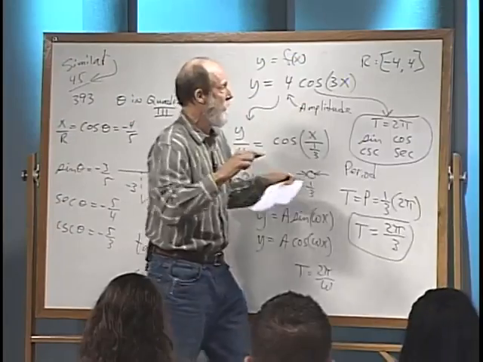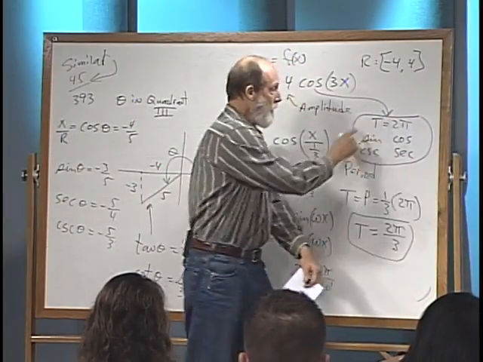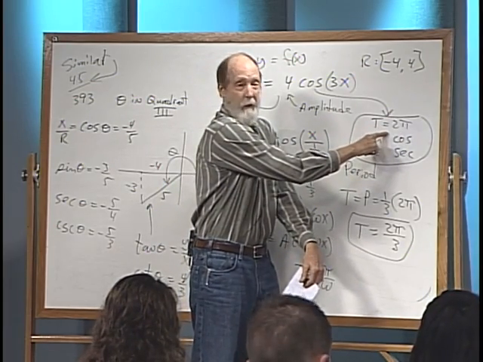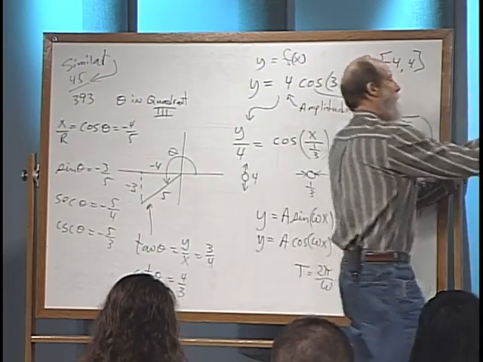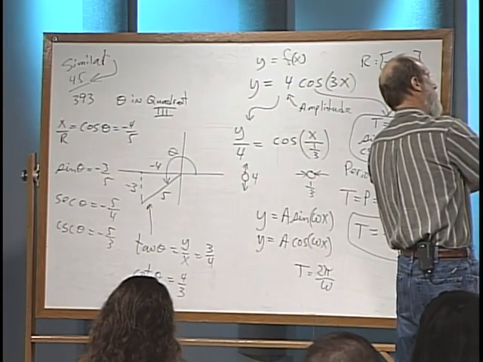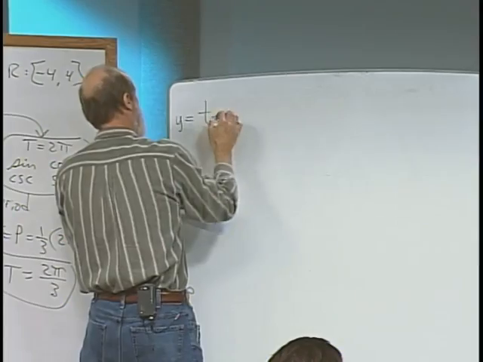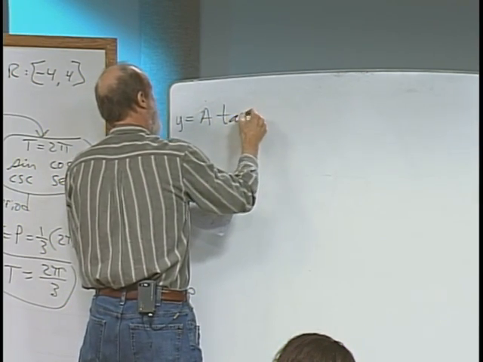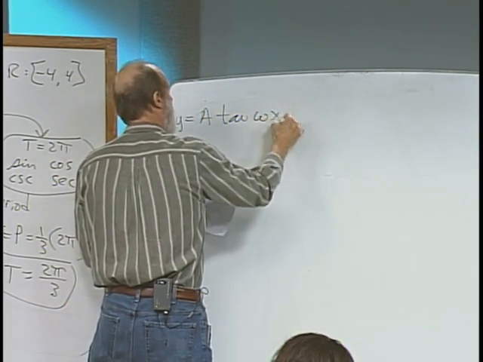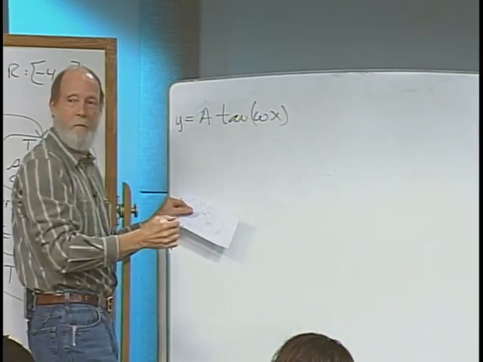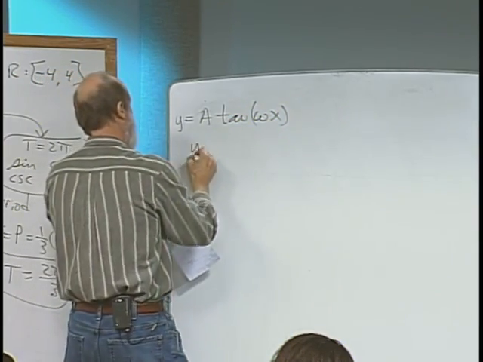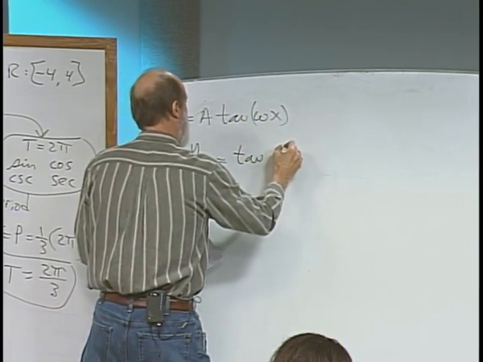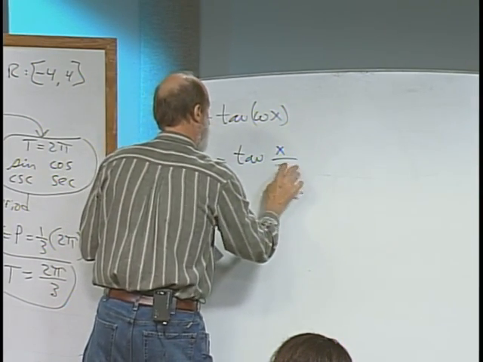Okay, so these 4 trig functions in their fundamental form, you're comfortable with that. The period's 2 pi. If you have a tangent graph, let's say I have a times the tangent of some omega x. Look at the idea here. There's no difference than what I've just done with you on the other one, except the function is different.